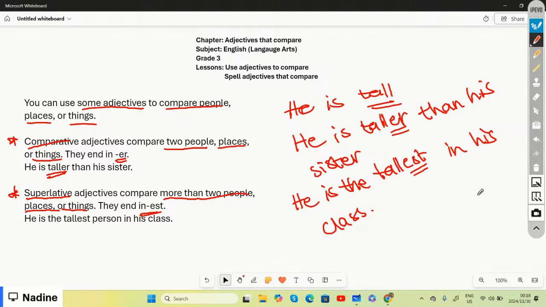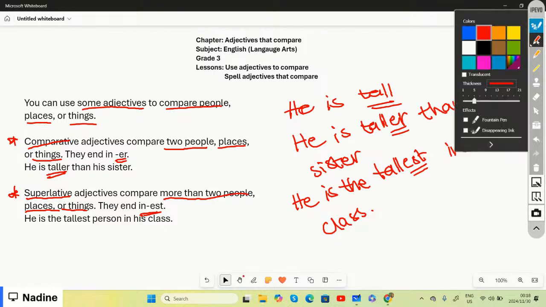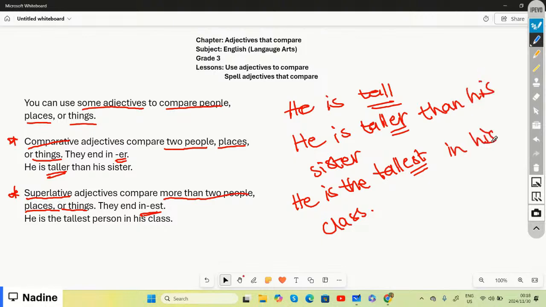If we compare him just to one person, then we say he's taller than that person and it ends in ER. But as soon as we compare him to the rest of the family or the rest of the class, we can say he's the tallest, because we're comparing him to more than two people.